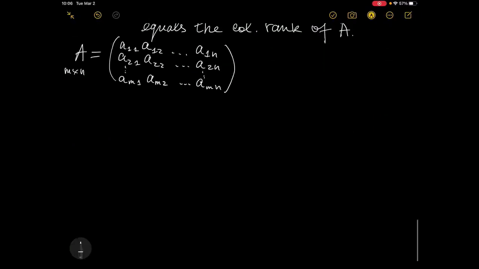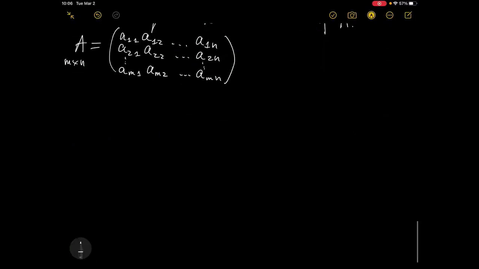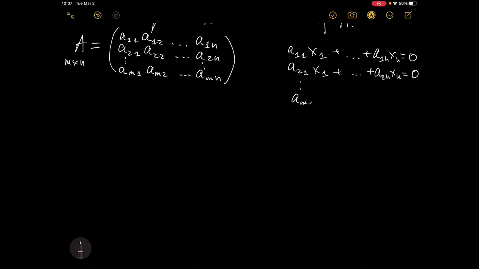Now, if we consider a homogeneous system of linear equations with the same coefficient matrix, then how can we write it? We can write it in the following way.